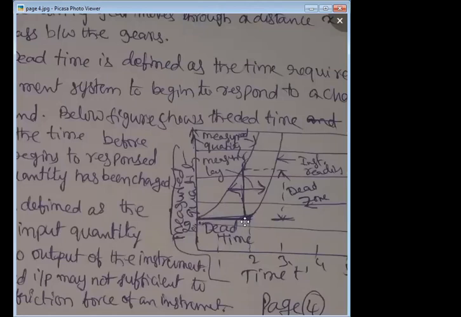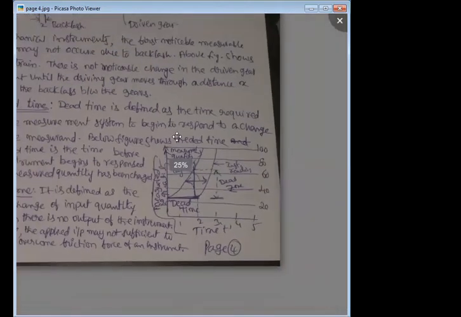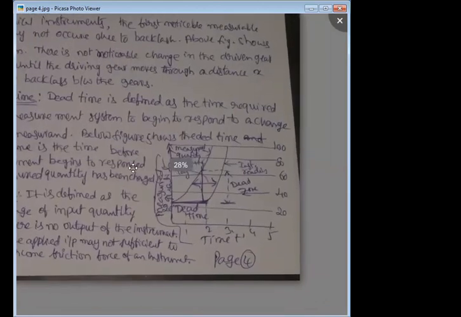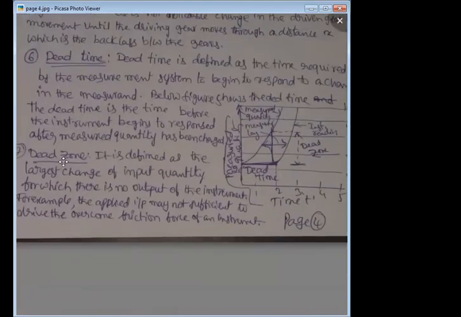The amount of time taken for the instrument to respond to the input is considered the dead time. Dead time is defined as the time required for the measurement system to begin the response to a change in the measurement.